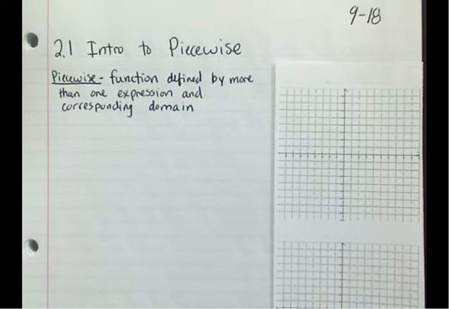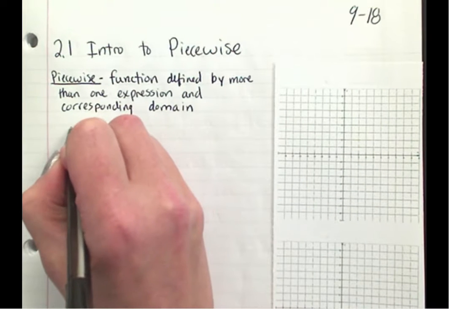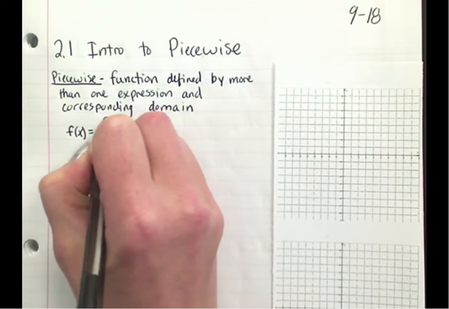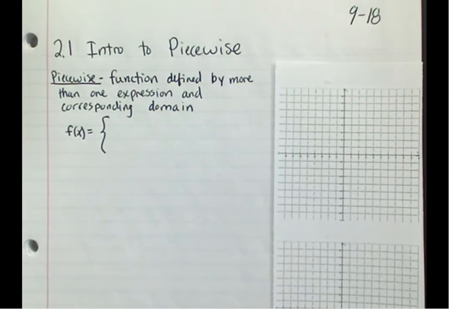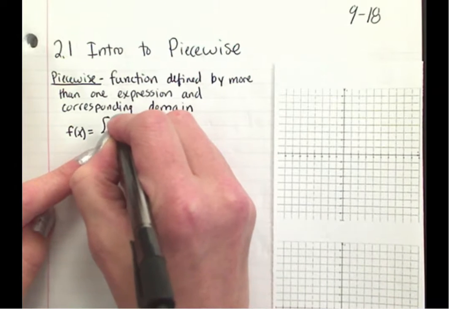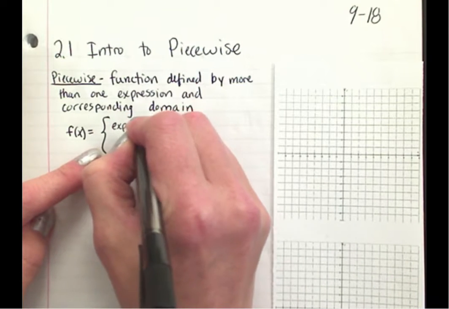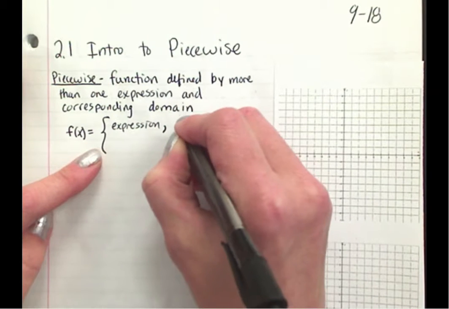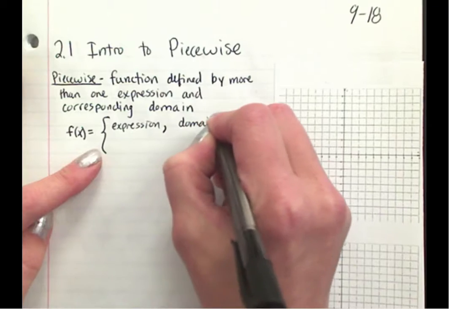Okay, so I'm going to give you the format. What does it look like? What's the notation? Okay, and the expression goes here, comma, the corresponding domain here.